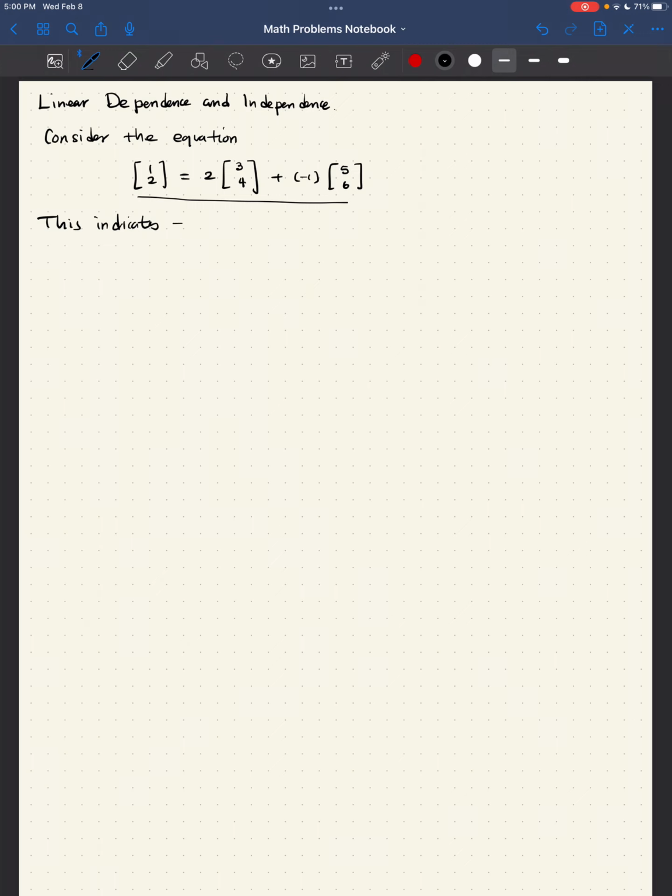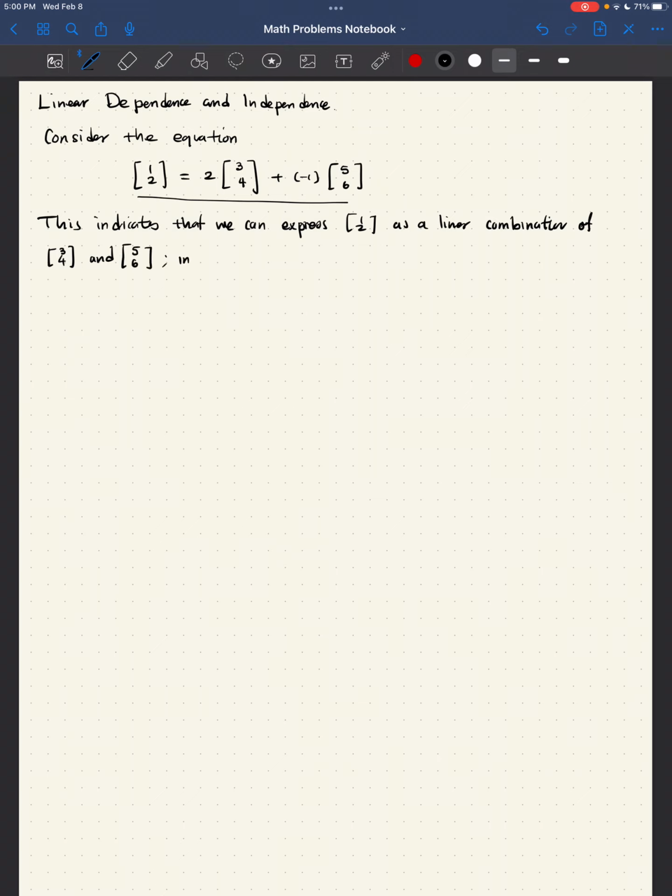that we can express the vector 1, 2 as a linear combination of the vectors 3, 4 and 5, 6.